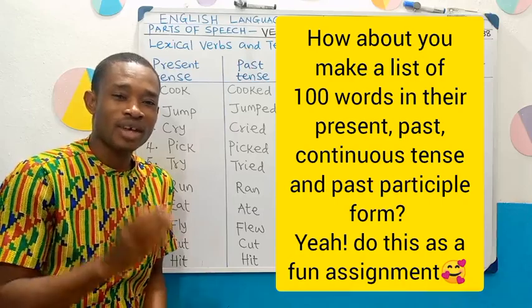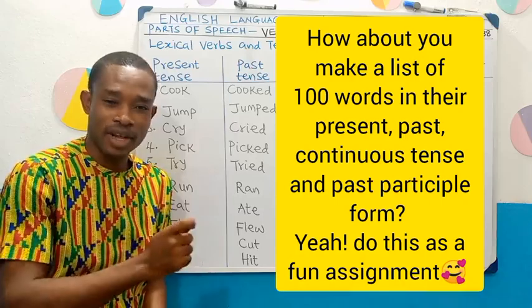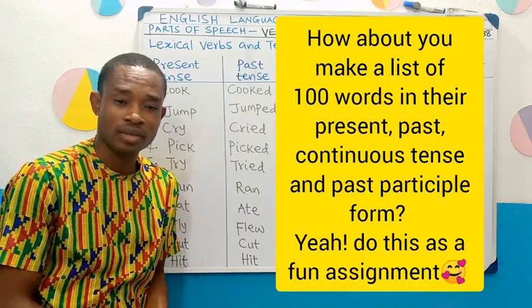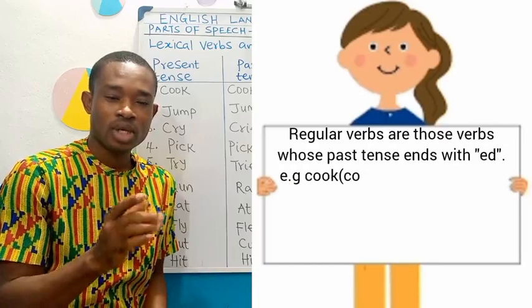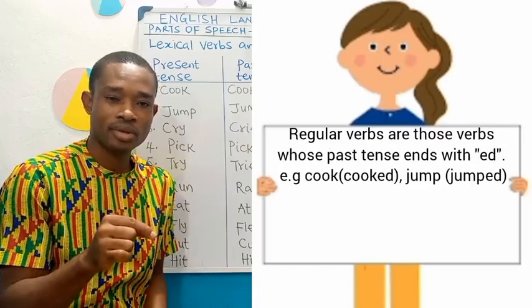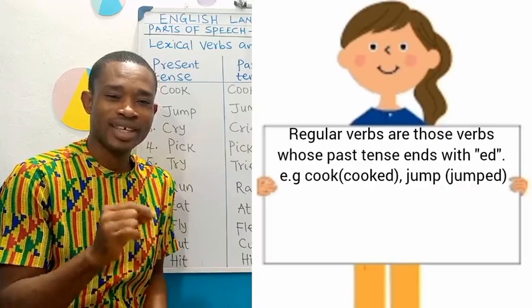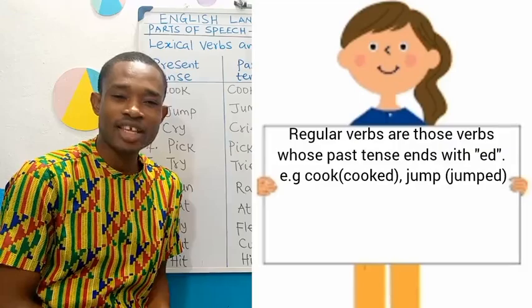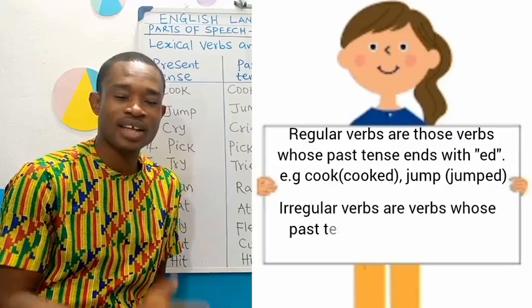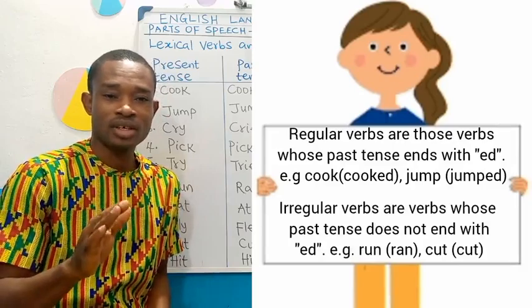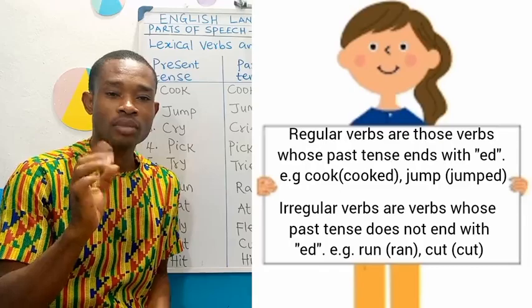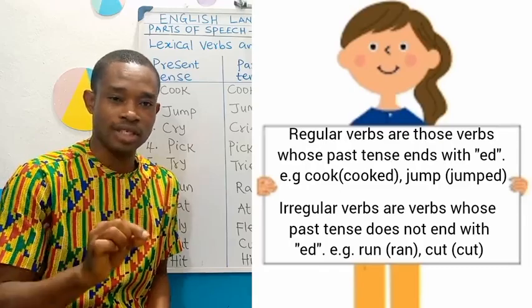Quickly, I would like to talk about regular and irregular verb. Please make a note of what I'm about to say. Regular verbs are verbs whose past tense end with ed. Irregular verbs are verbs that their past tense do not end with ed. It can take a different form, but it wouldn't end with ed.